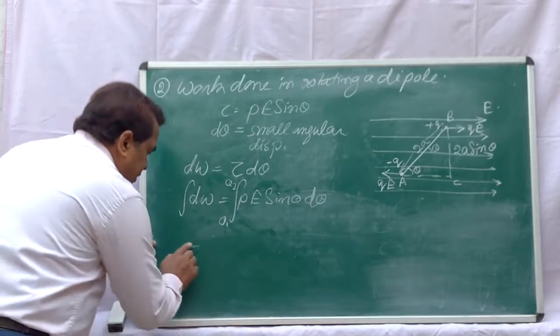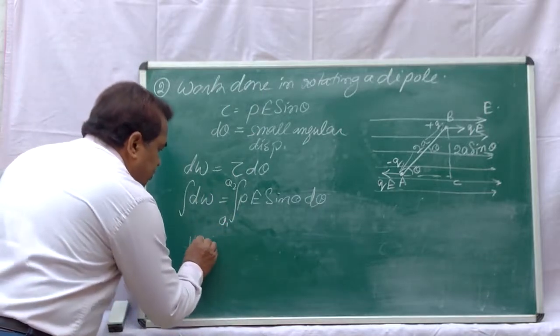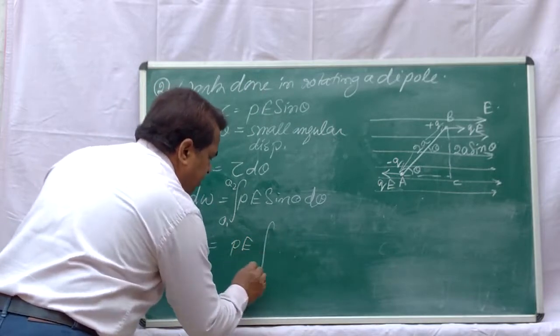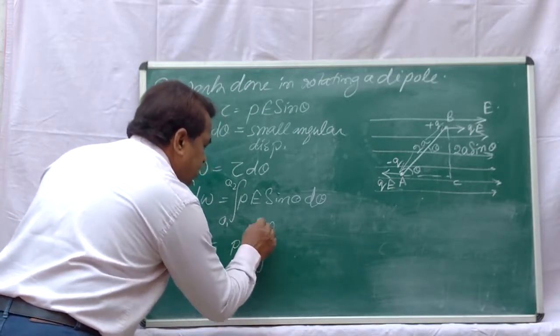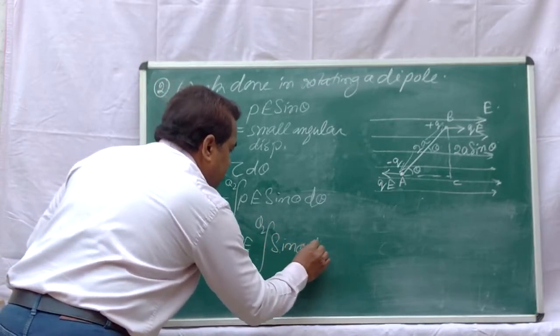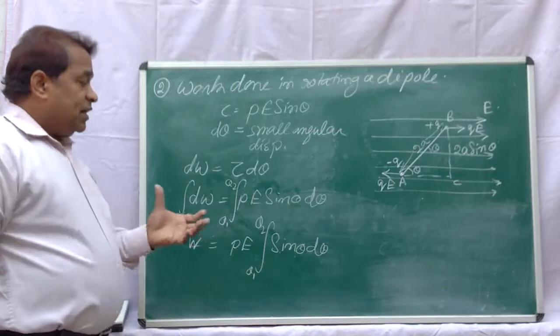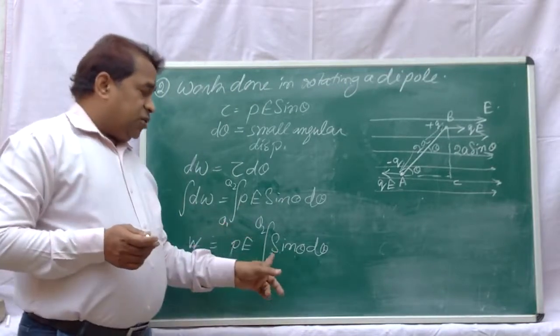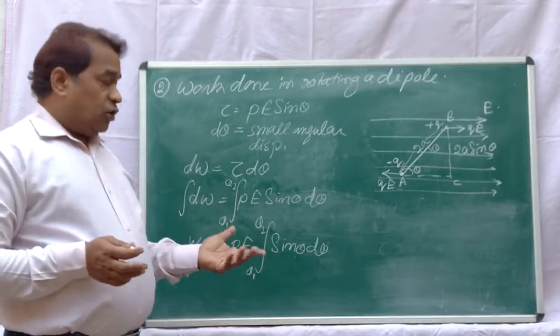When we solve it, W is equal to pE times the integration of sine theta d theta from theta 1 to theta 2. Now what is the integration of sine theta? Mathematically, the integration of sine theta is minus cos theta.